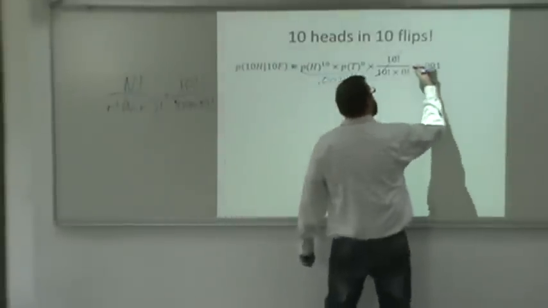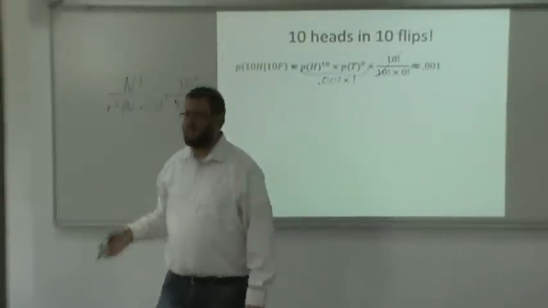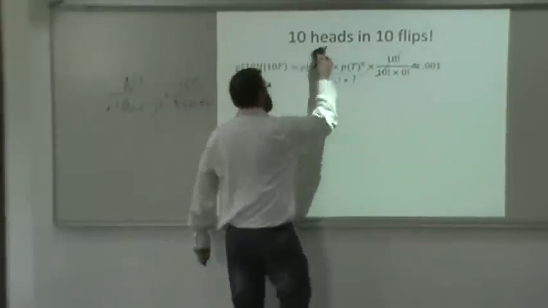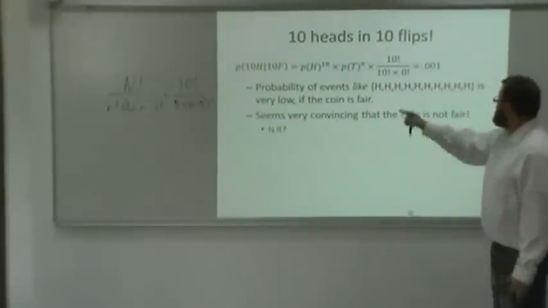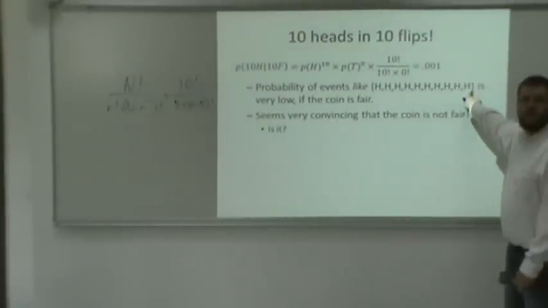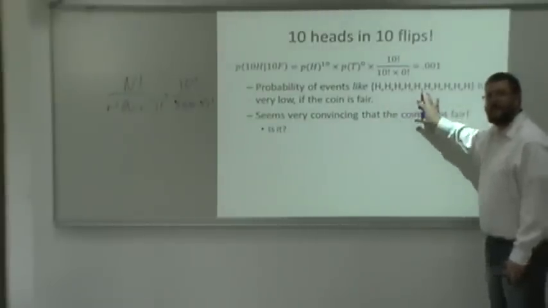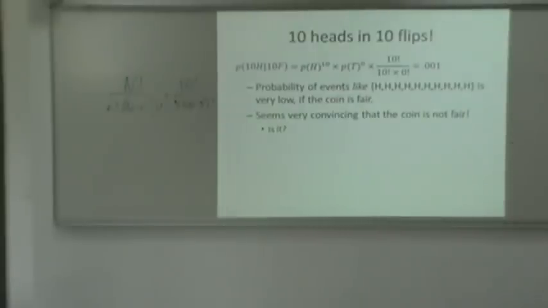It should actually be approximately, because it's really 0.009 something. Right? Okay, so awesome. So the probability of events like this, not the probability of this event, but the probability of events like this, is really low. So this seems very convincing that the coin is not fair.